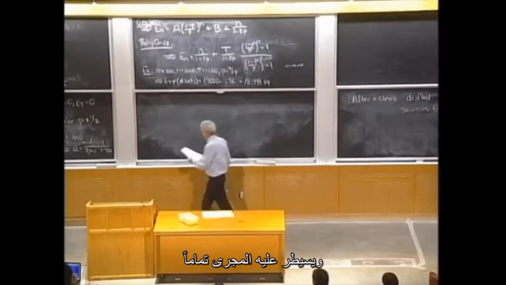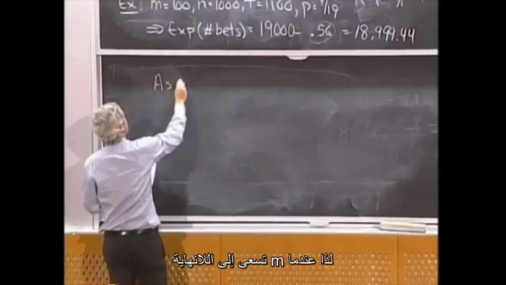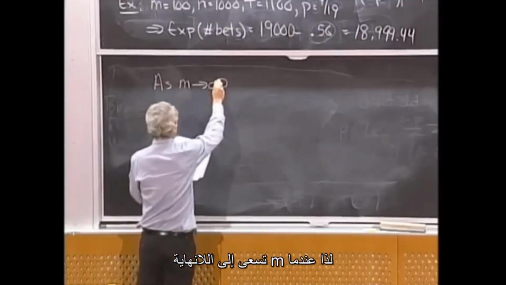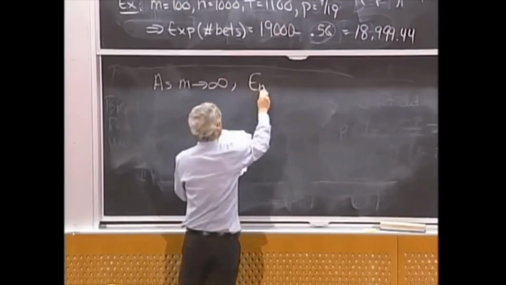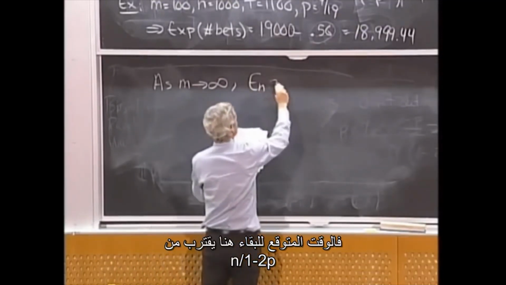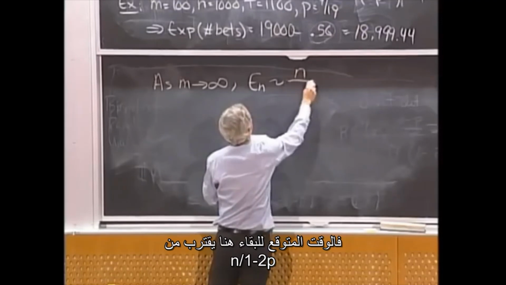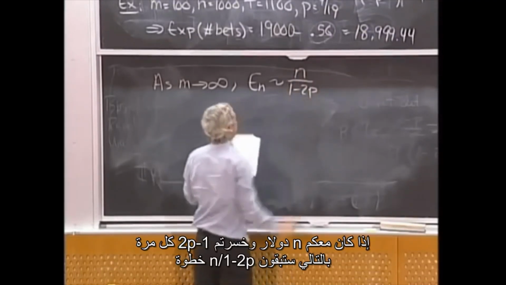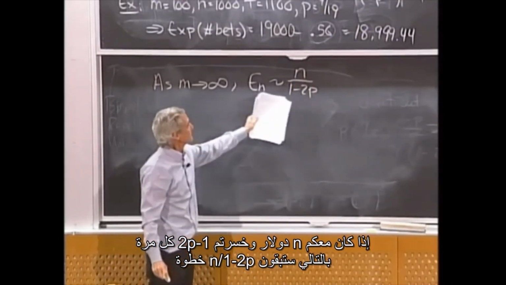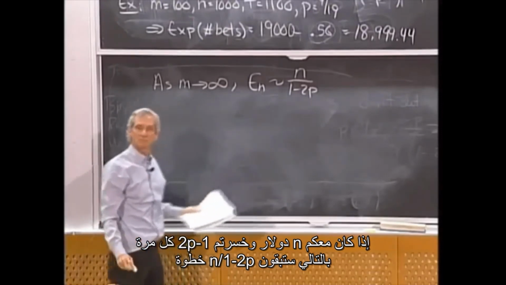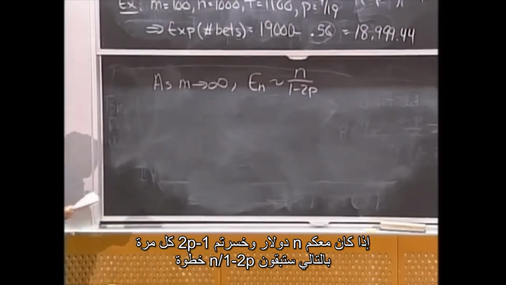And it's totally dominated by the drift. So as m goes to infinity, the expected time to live here is tilde n over 1 minus 2p. If you've got n dollars, losing 1 minus 2p every time, then you last for n over 1 minus 2p steps.